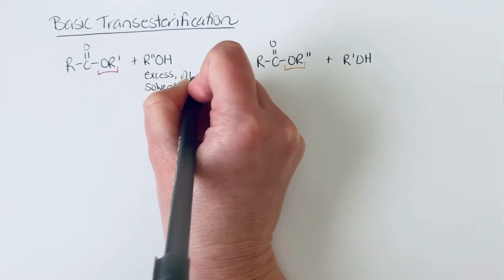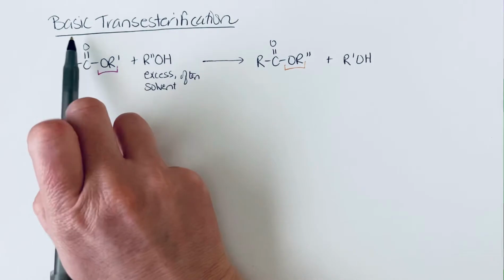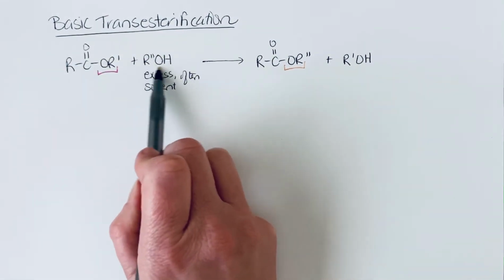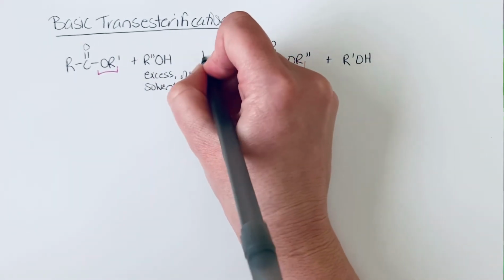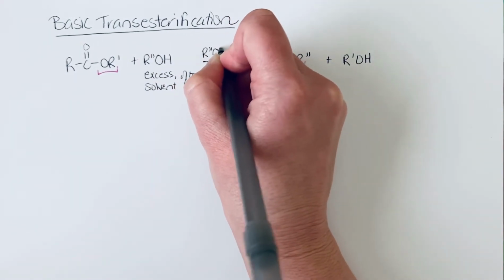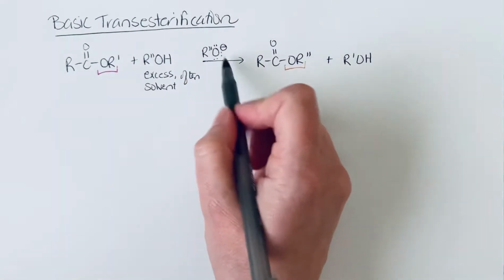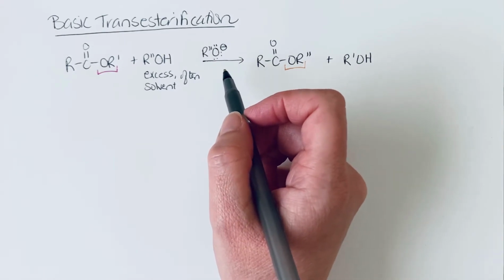So it's often the solvent for the reaction. And if this is going to be under basic conditions, we're also going to use this same group as a nucleophile. So we'd also use that as a nucleophile.